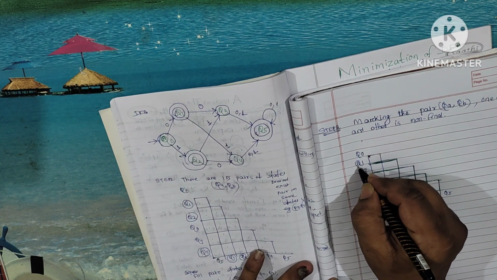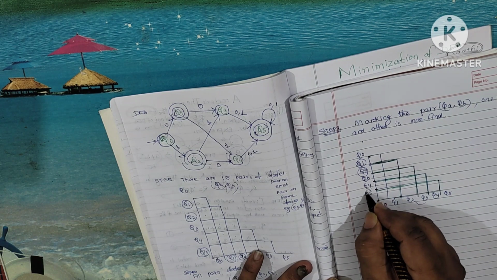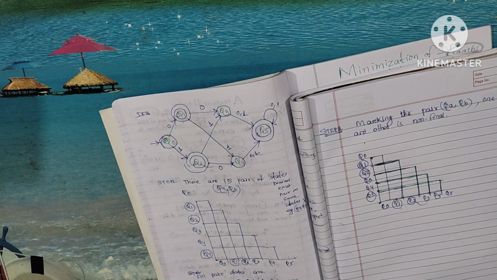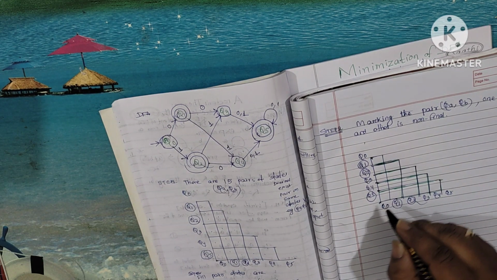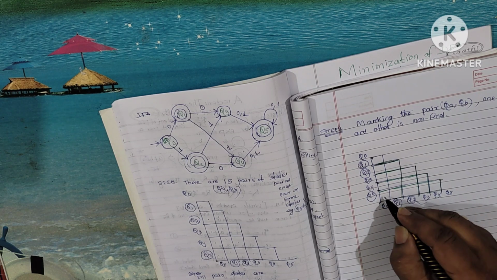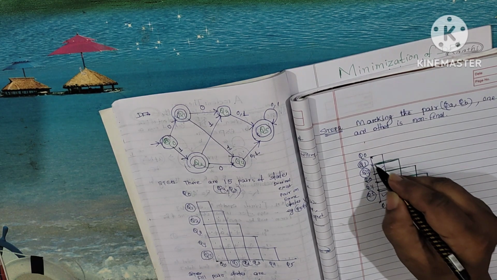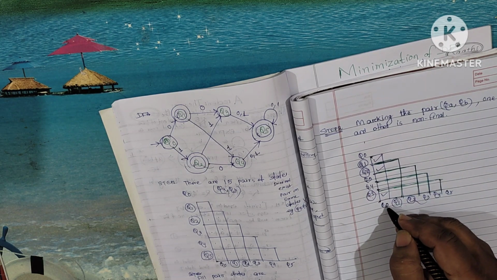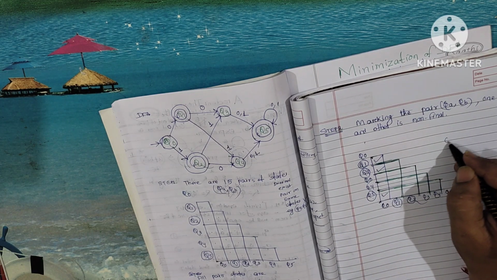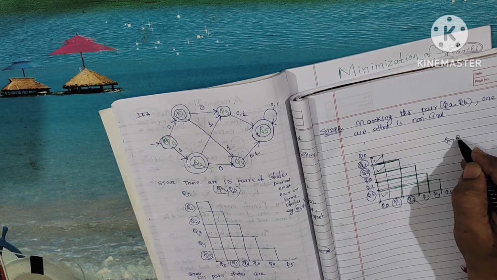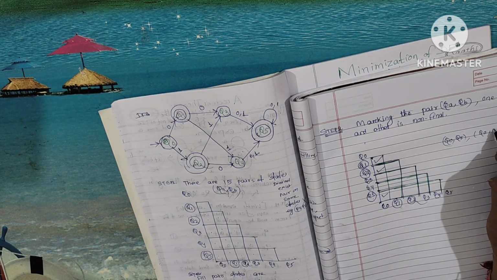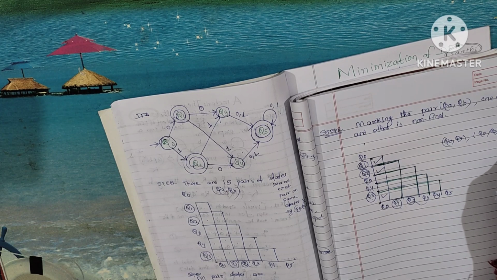Q1 is a final state, Q2 is a final state, Q5 is a final state. So now you mark it, since one is final and another is non-final. So we can tick here Q0, Q5; Q0, Q2; Q0, Q1.